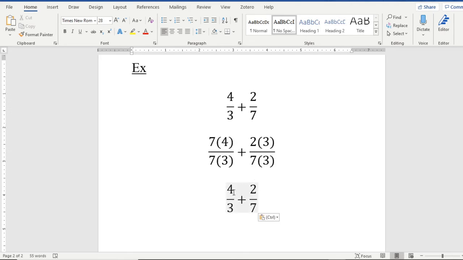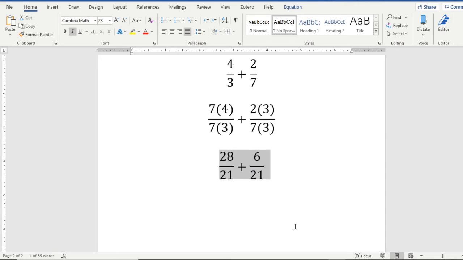Okay, so now I have all new numbers. 7 times 4, well, that is 28. 7 times 3 is 21. 2 times 3 is 6. And 7 times 3 again is 21. Okay. So now both of these fractions have the same number on the bottom, so I can add them.